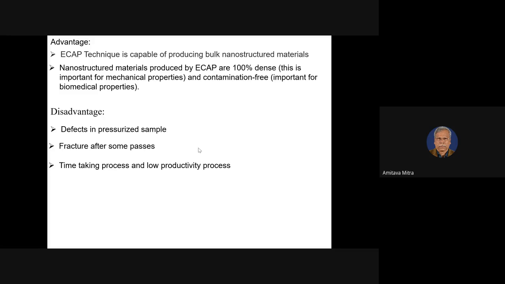This is important for mechanical properties, and it is contamination free, important for many applications, for example biomedical applications. So through this process, the density of the material doesn't change, and there is no contamination.